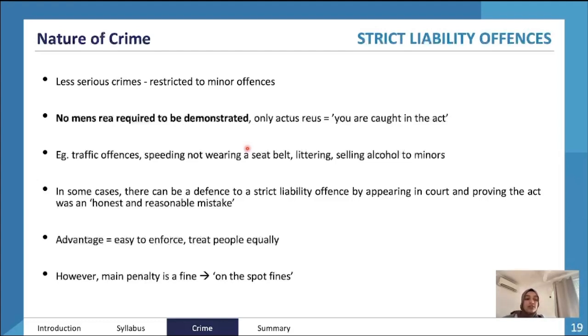What's the advantage? It's easy to enforce, so you can treat people equally, right? However, the main penalty is a fine, for example on-the-spot fines, and that can raise issues about effectiveness. Let's say the fine for speeding is $200.